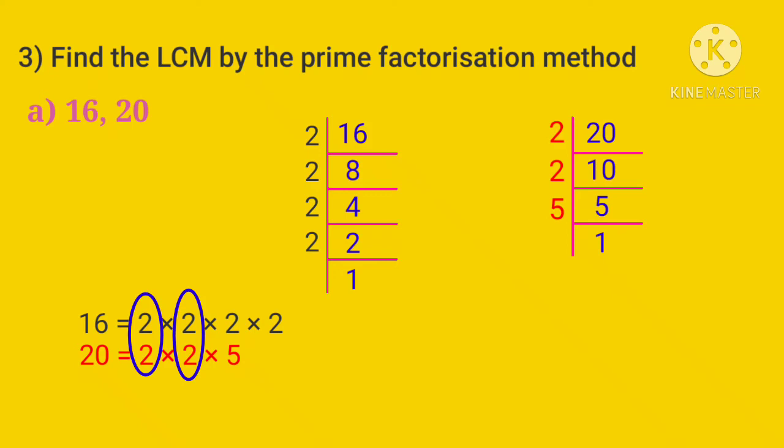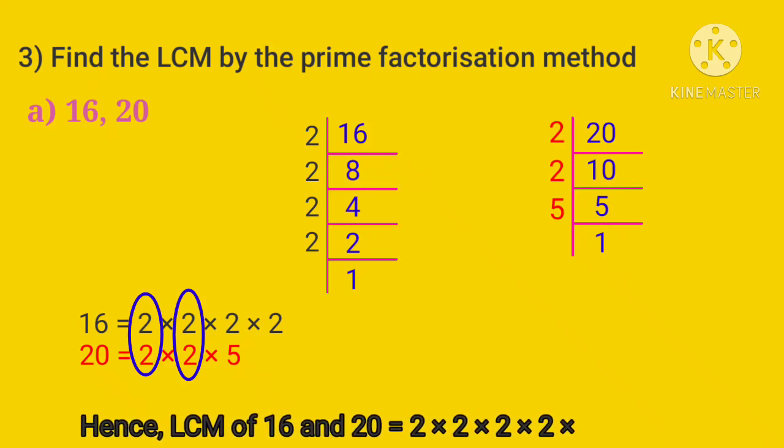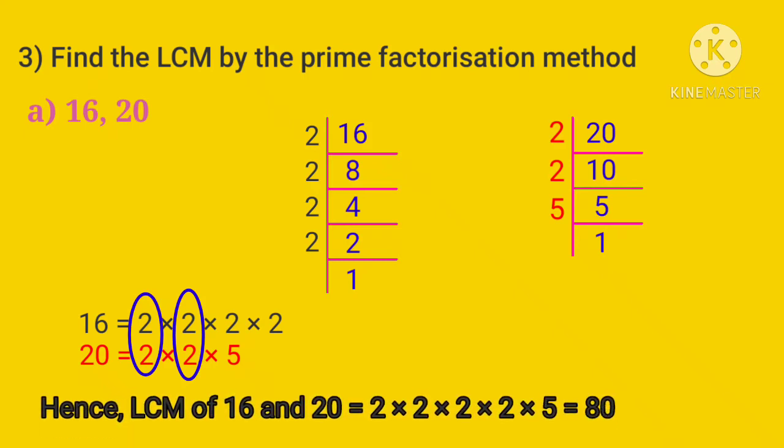Here you can observe 2 is present in both the numbers, that is 16 and 20. Multiply the factors taking the common factors 2 and 2 only once. Therefore LCM of 16 and 20 equal to 2 into 2 into 2 into 2 into 5 equal to 80.